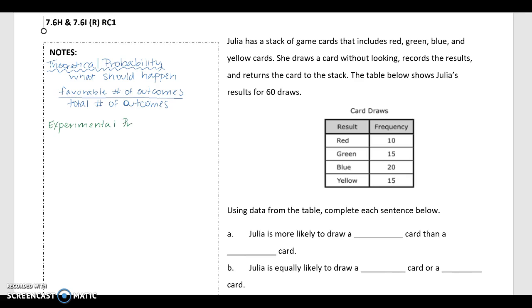All right, the next is experimental probability. An experimental probability we set up in a similar way, but it is what actually happened.